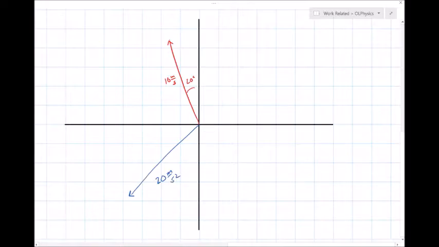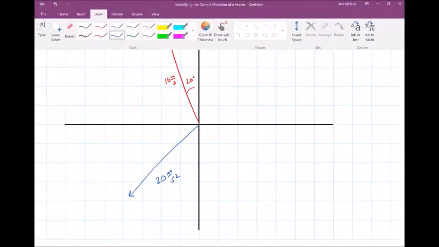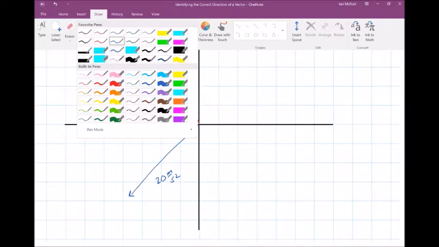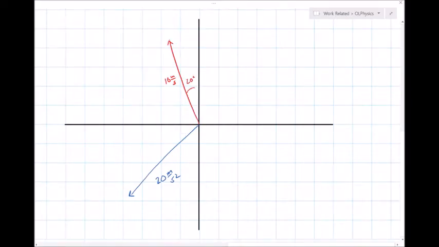I'm trying to use different vectors, different units that you don't use quite as much, or you're not as used to. We'll have a brown one that goes, oops, I forgot to do an angle. We'll say this angle is 45 degrees. Last but not least, we have maybe a vector like this, where this angle is 75 degrees, and this represents 15 meters.